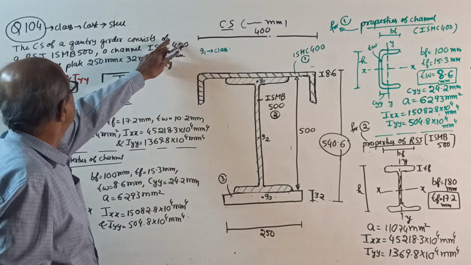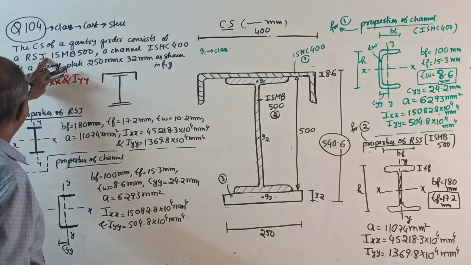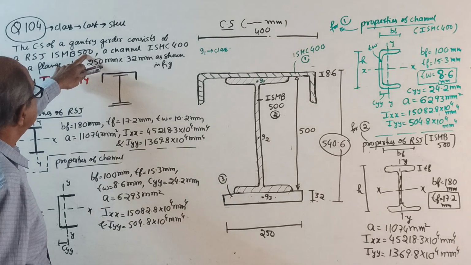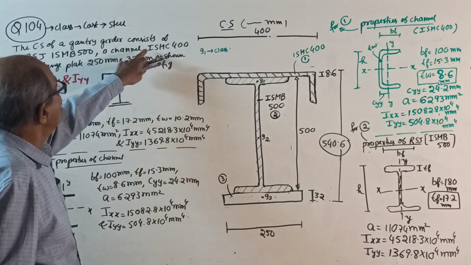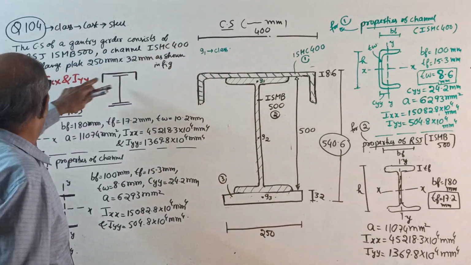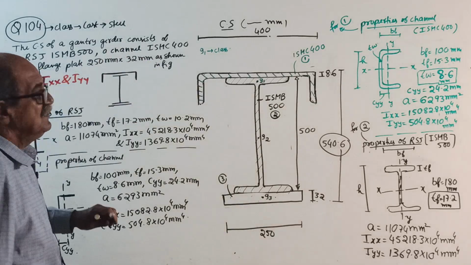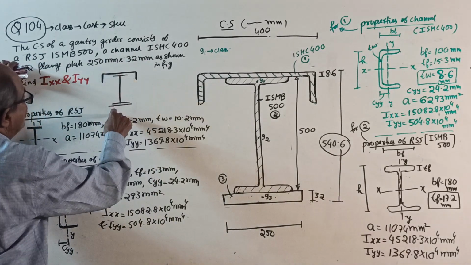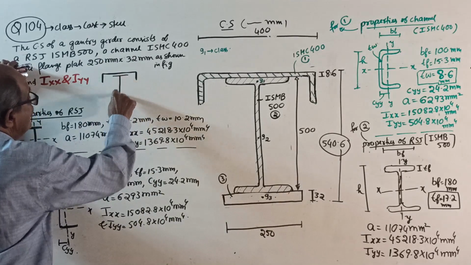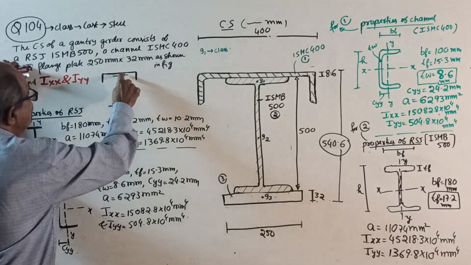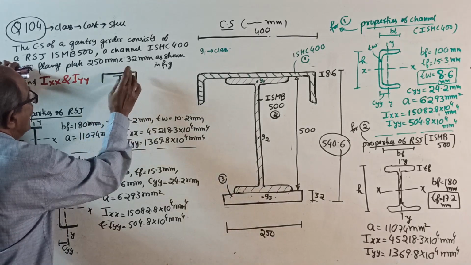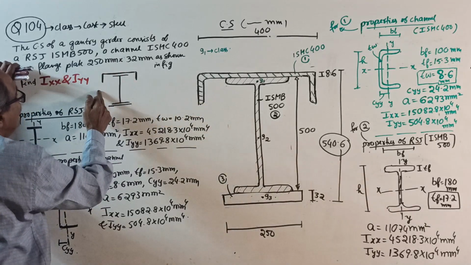It consists of an RSJ ISMB 500, a channel ISMC 400 and a flange plate 250 by 32 as shown in the figure. This is the I section, the RSJ. This is a line diagram. This is the RSJ. This is the channel, and the channel is turned here.